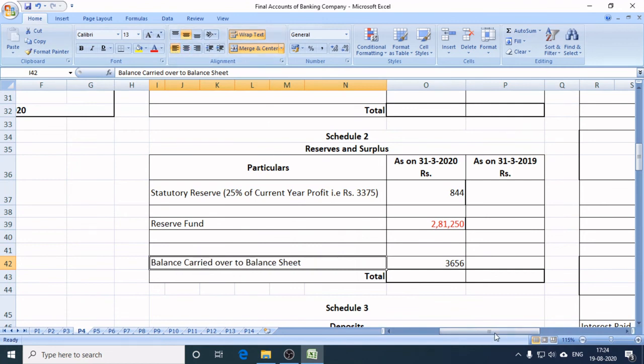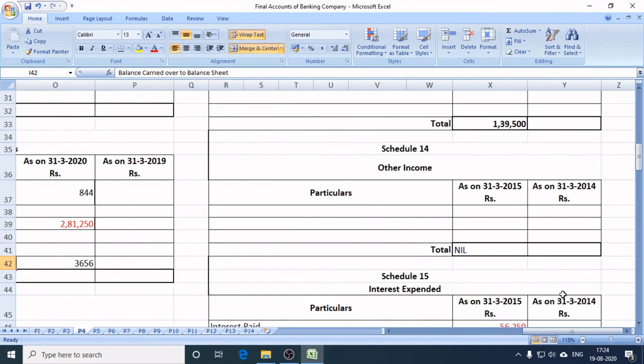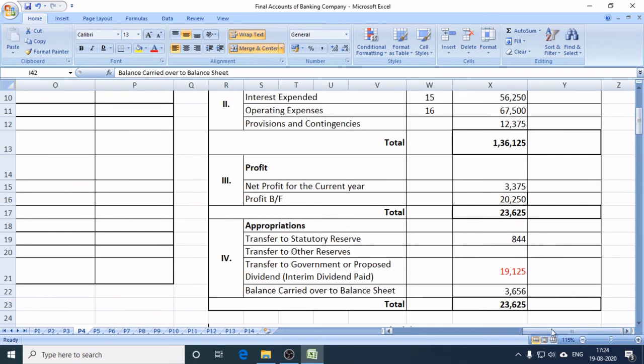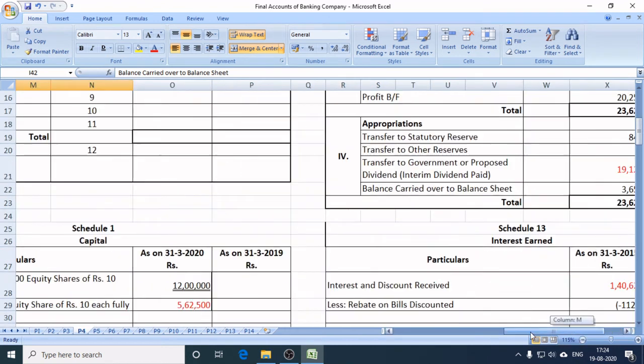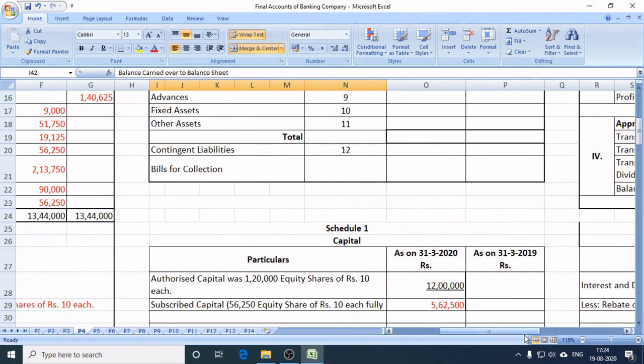Okay, now after closing the profit loss account, let's close all the schedules of balance sheets.